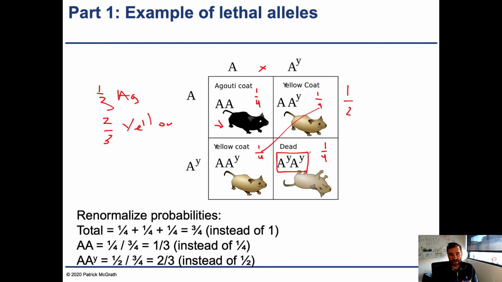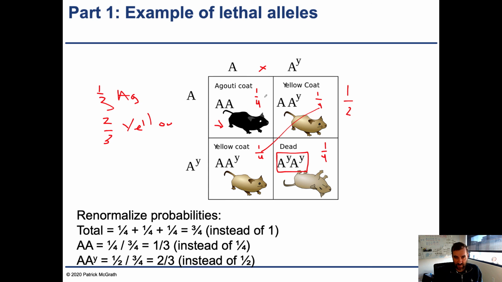But now, because they die, you do this procedure called renormalization. We've seen this before in chapter 3, where we looked at pedigrees, and in the activity we talked about renormalizing probabilities based upon the ability to exclude genotypes, and the concept here is the same. Because you can exclude this as a possibility, you simply have to renormalize these probabilities.